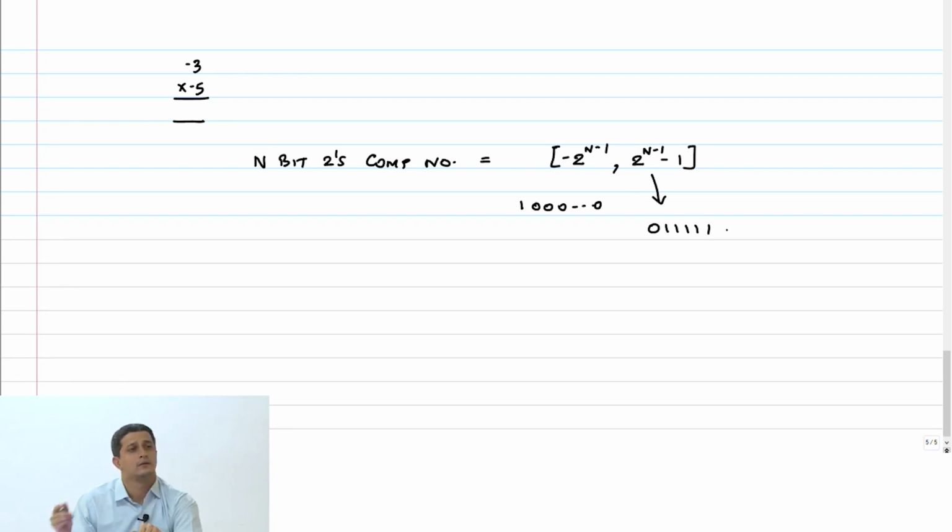Okay, correct. So, for minus 3 and minus 5, what is the minimum number of bits we need to represent this? 4 bits, right? So we can write this as 1, 1, 0, 1, and this is going to be 1, 0, 1, 1.